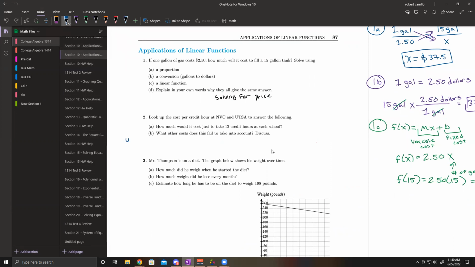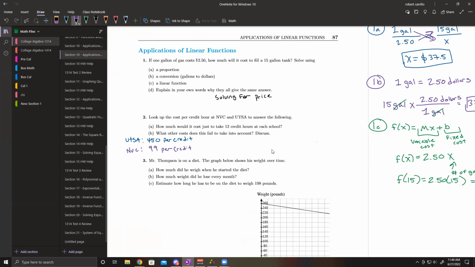So UTSA is 450 per credit, and NVC is 99 per credit. Okay, cool.